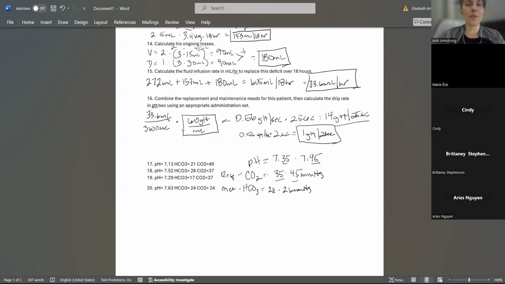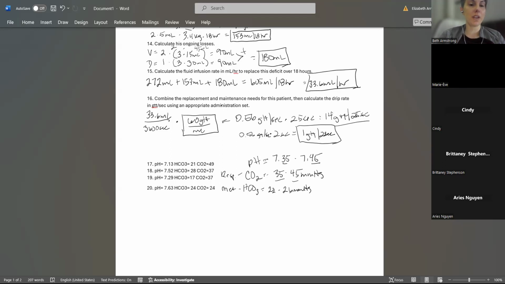If something's off with the HCO3, or the bicarb, then it's a metabolic issue. The first thing we're going to do is evaluate the pH and say, is it normal, acidotic, or alkalotic? Then we look at both the CO2 and the HCO3 and determine which one is off. The one that's off tells us whether it's respiratory or metabolic.